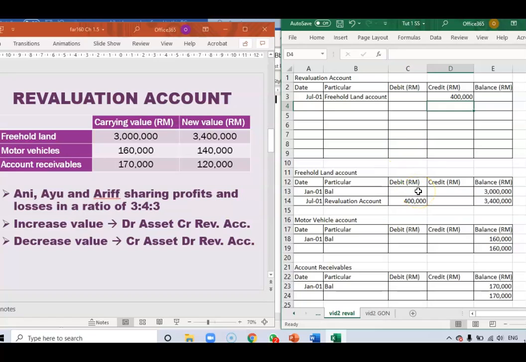So next is motor vehicles. Again, the revaluation will be on the 1st of July, so again it will use the revaluation account. And now the value of motor vehicles has actually decreased. Decrease means that you credit the asset. 160,000 minus 140,000, so of course it's 20,000.